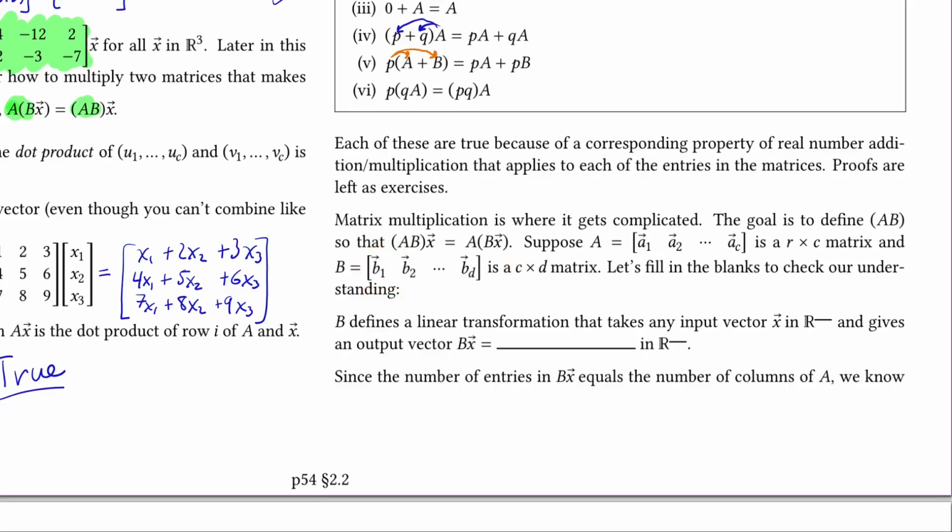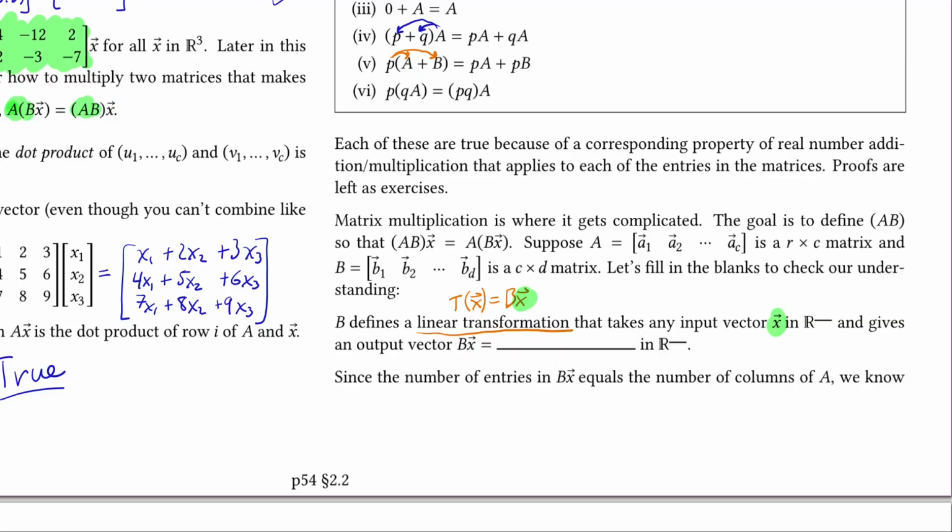So let's check our understanding of just how Bx and A times Bx should work. So the matrix B defines a linear transformation, and by that I mean T of x equals Bx, basically, that takes any input vector x, but how many entries should x have so that B times x is well defined?